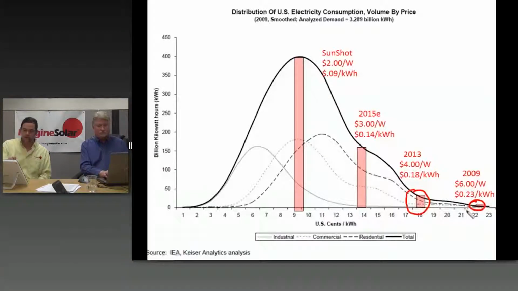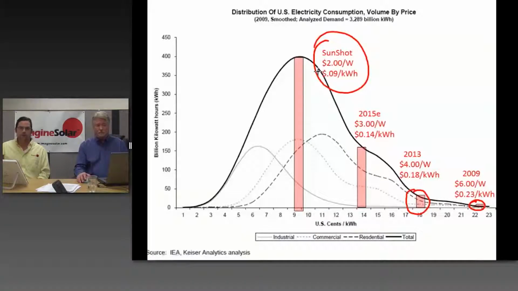So I put here what's called the SunShot Program, which is a Department of Energy initiative aimed at driving down the cost of installed solar power. They have a goal of getting residential solar power down to just $2 per watt installed. We'll be speaking more on how that's going to be achieved and when that might happen.